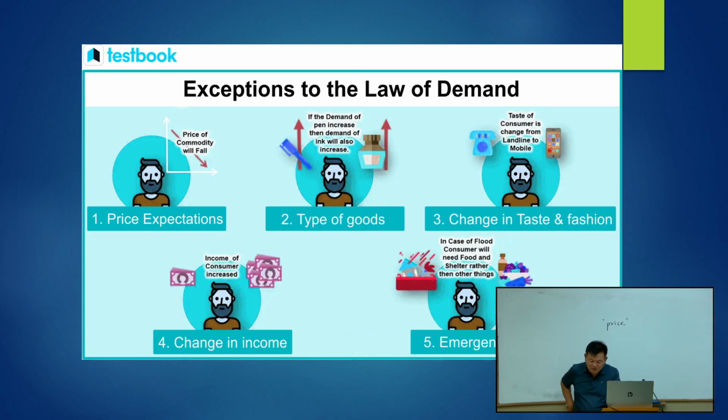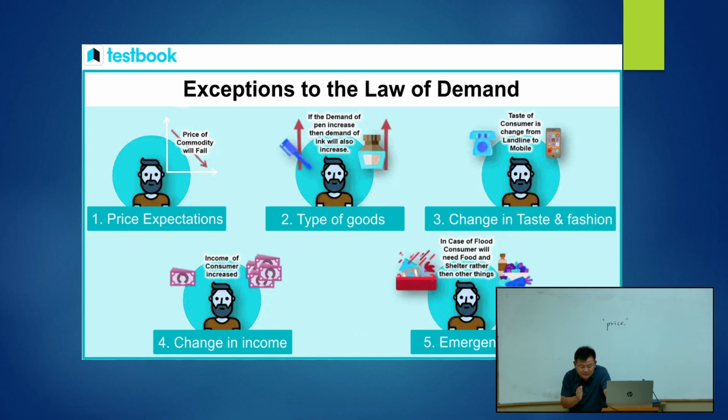However, in certain special circumstances, the reverse may occur. Reverse, not downward, a little bit going upward slope. For example, a rise in price may increase demand. These circumstances are known as exceptions to the law of demand.